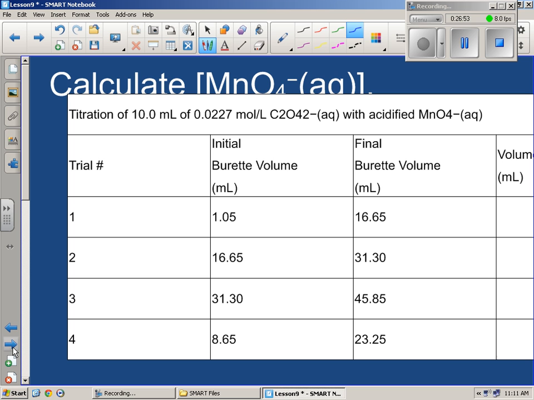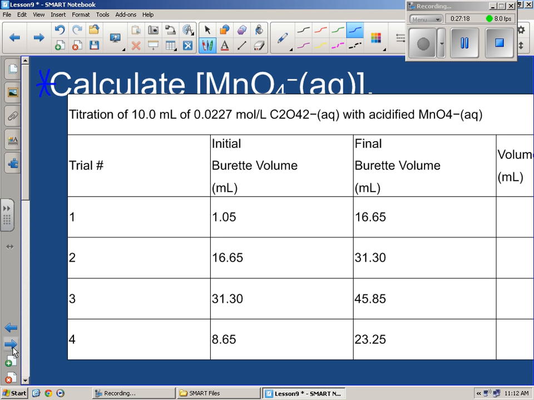Final minus initial, technically. In this case we want to calculate the concentration of the permanganate, which will be on the next page. First of all, when you do titrations, if you remember from last year, you do on average 3, at least, and then a 4th one if you need to.